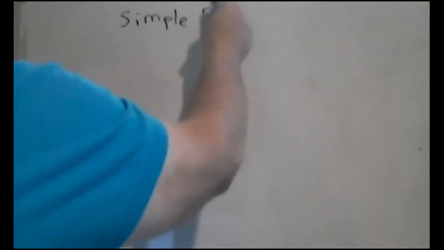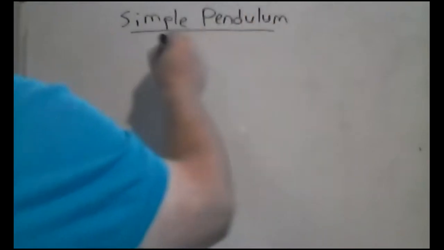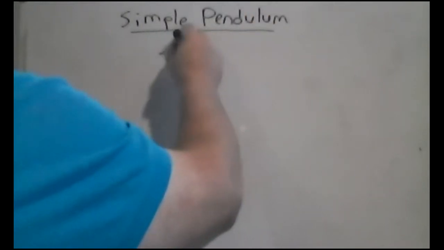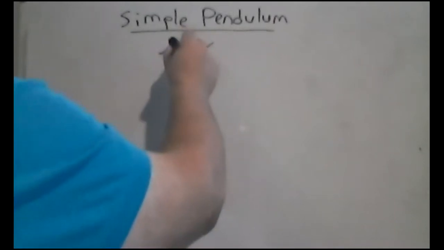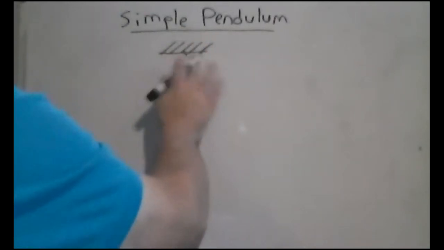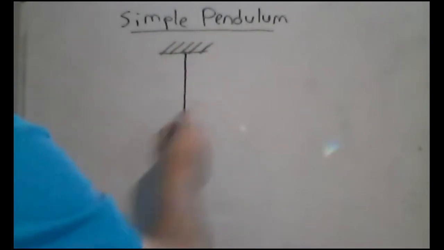Let's now imagine I have a simple pendulum. You can make one by basically taking a very light string and tying it to, say, a ceiling, and the pendulum initially wants to hang straight down. So there it is.